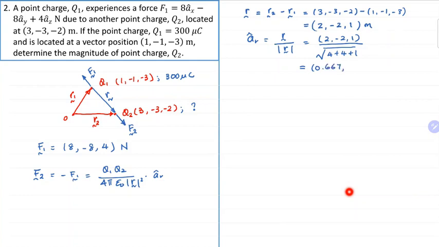Okay, so we got our vector R, we got our unit vector. So we know our vector R, we know our unit vector R, and we know the magnitude of vector R, and we know the charge, so we can find what is Q2.